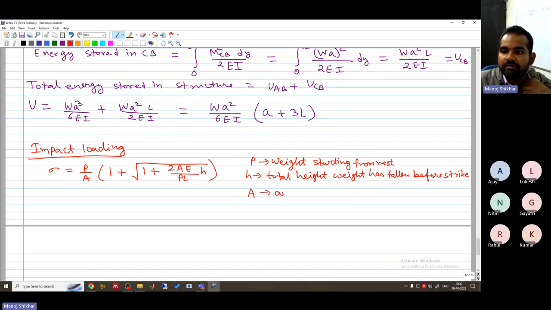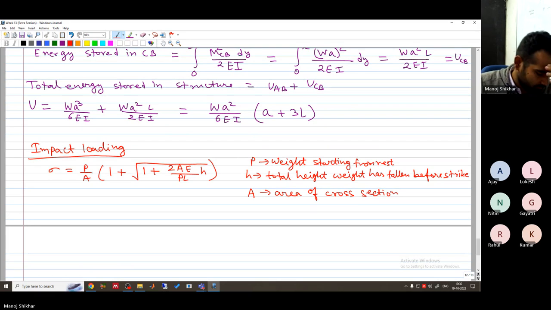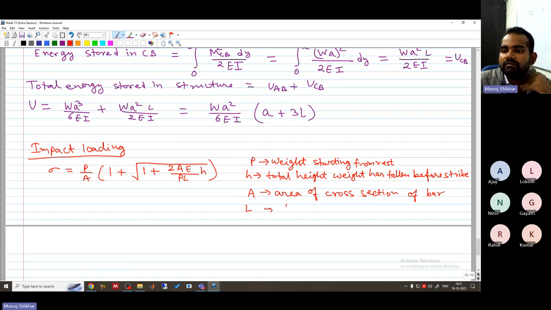A is the area of cross section of the bar. L is the length of the bar. E is Young's modulus of the bar.